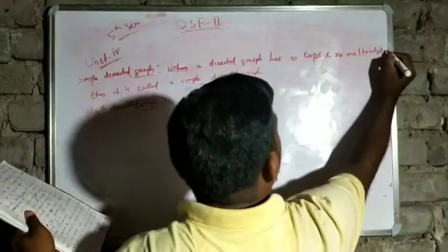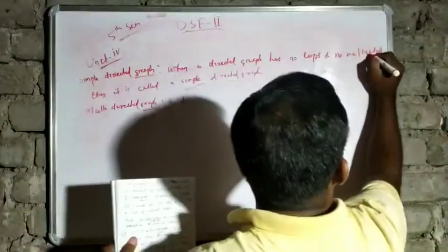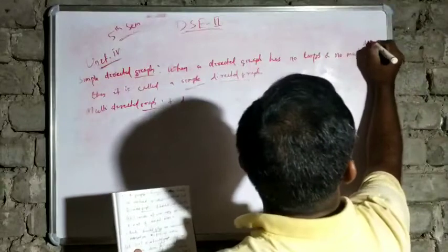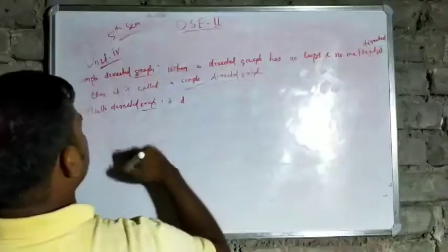No loops and no multiple directed edges. No multi-directed edges. Okay. So what is a multi-directed graph?